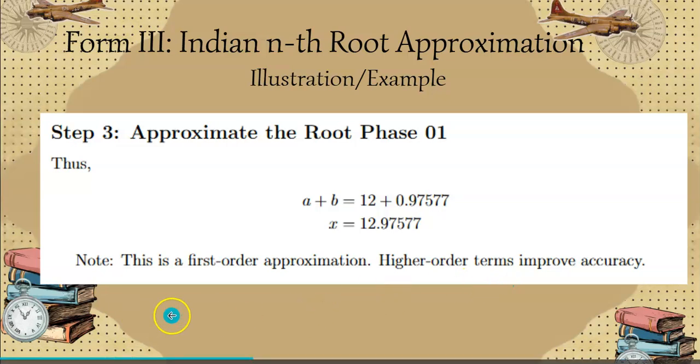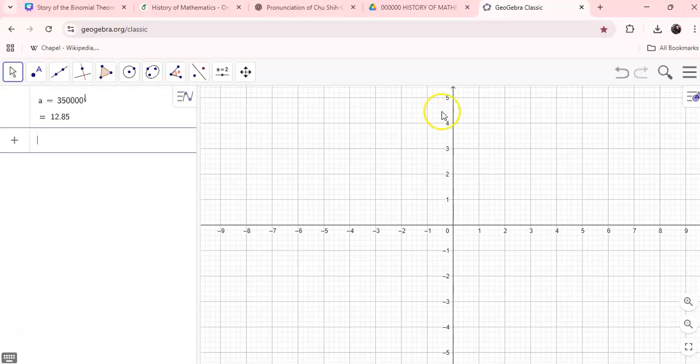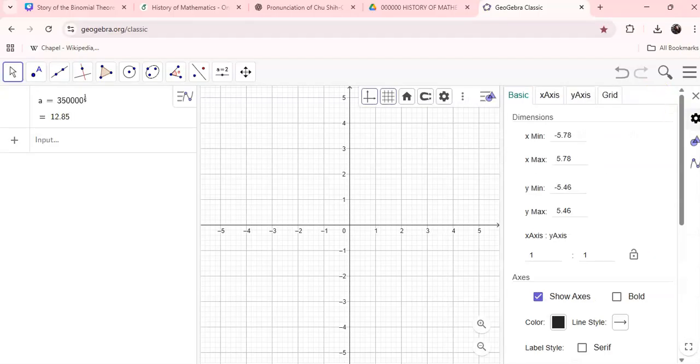Now let's calculate the fifth root of 350,000 using GeoGebra Classic. Alright, so we type 350,000 raised to 1/5. Okay, and then let's have 5 decimal places.